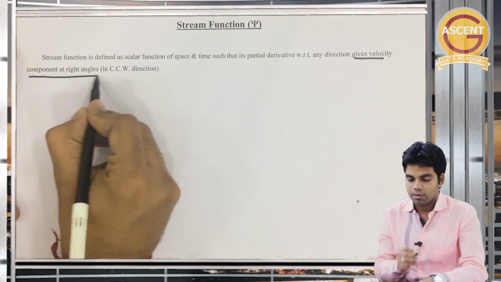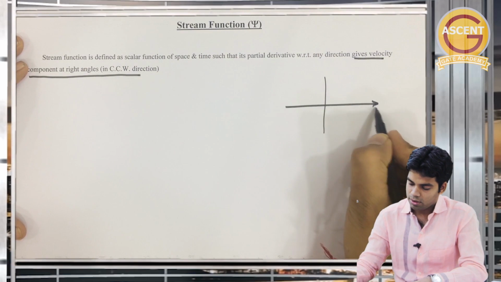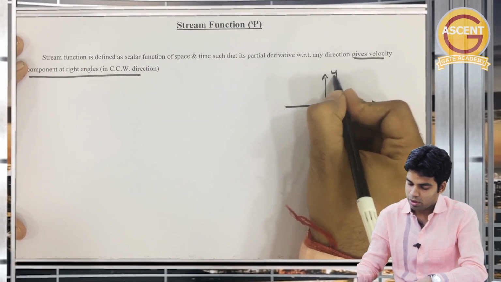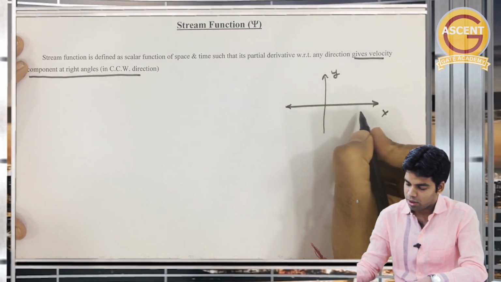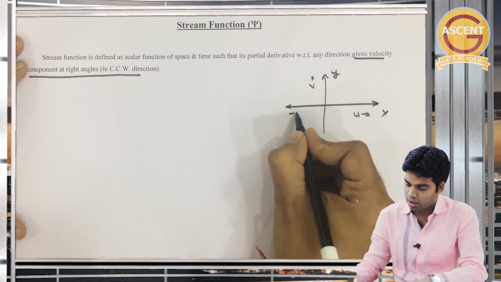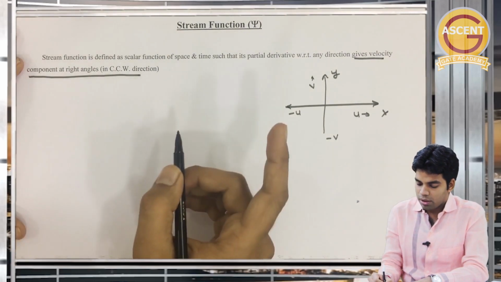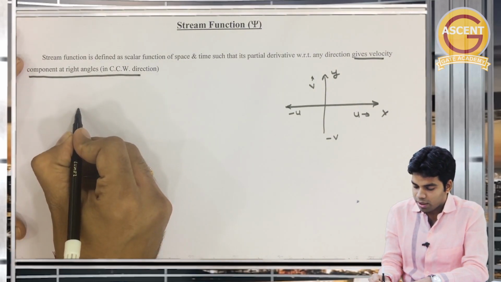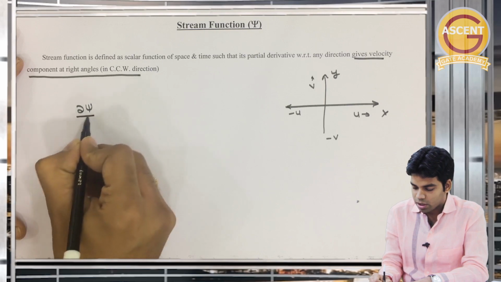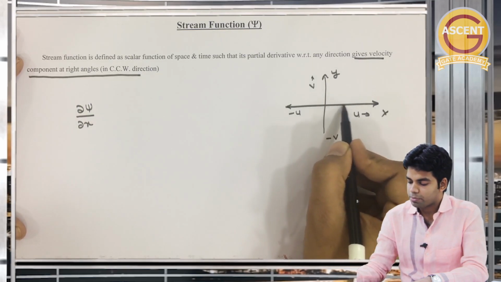Now what does this mean? Suppose this is our axis, here we have x, here we have y. Here the velocity components are u, v, minus u and minus v. Now how can we define the stream function? Suppose we take the partial derivative with respect to the x direction.